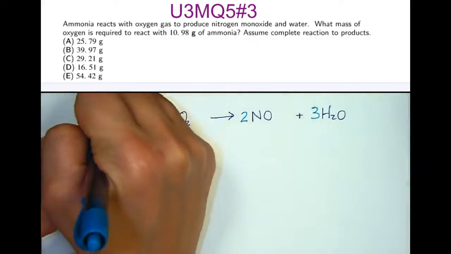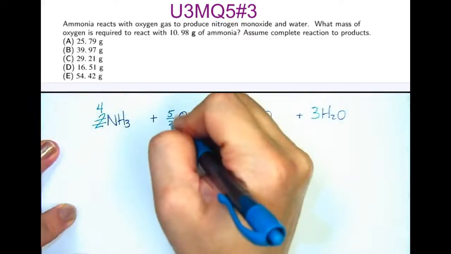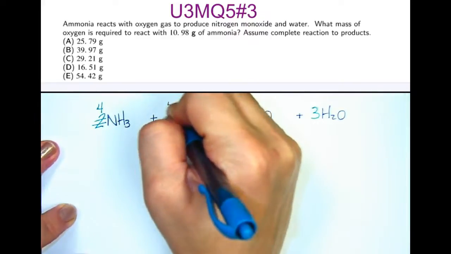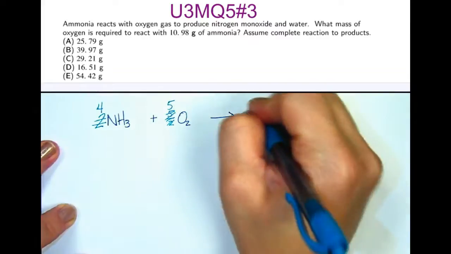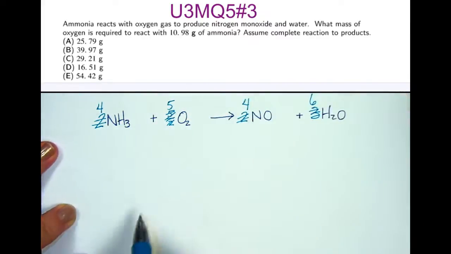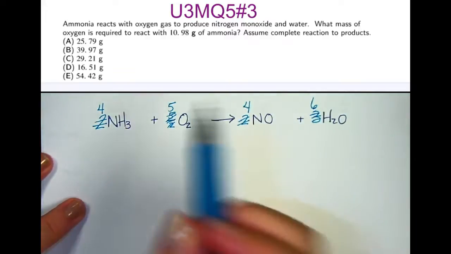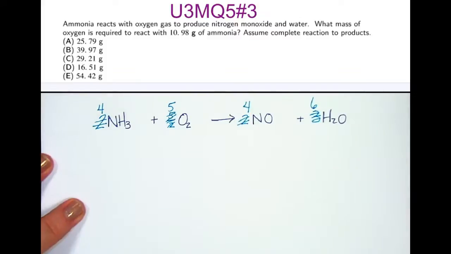So this is going to become 2 times 2 is 4. This times 2 becomes just 5. 2 times 2 is 4, and 2 times 3 is 6. So we have a balanced equation of 4, 5, 4, 6 ratios.